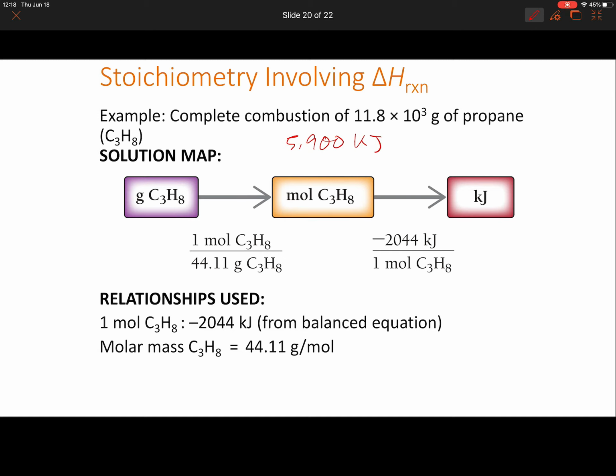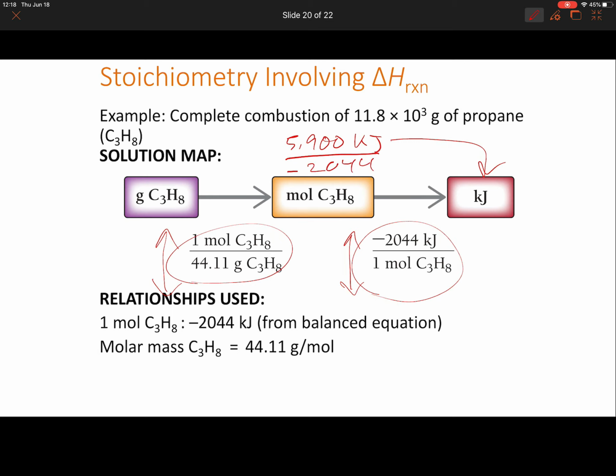And we would just start here. We'd flip all of these upside down and go backwards. And we would divide this number by the negative 2044. And that would tell us how many moles of propane there was. And then we'd multiply that number by the 44, and that would tell us how many grams there was. So we would just work backwards.